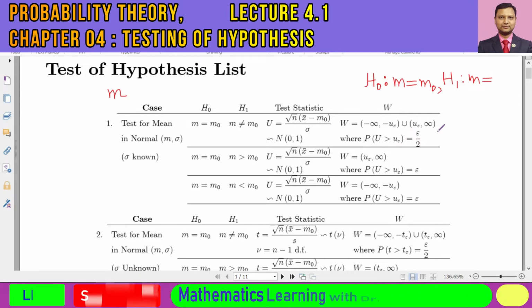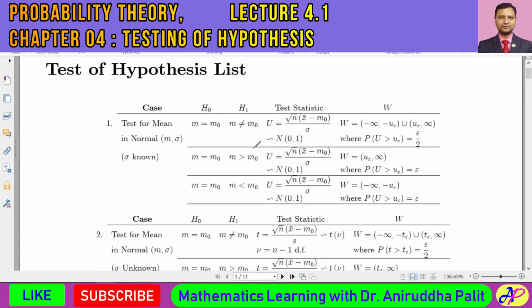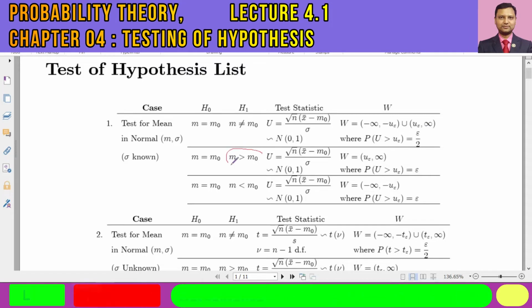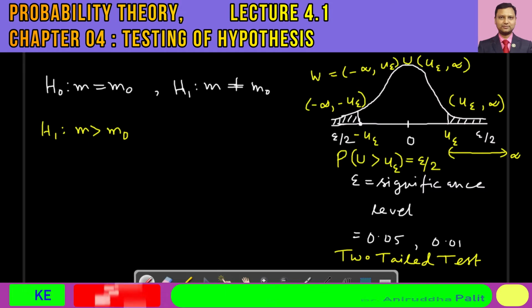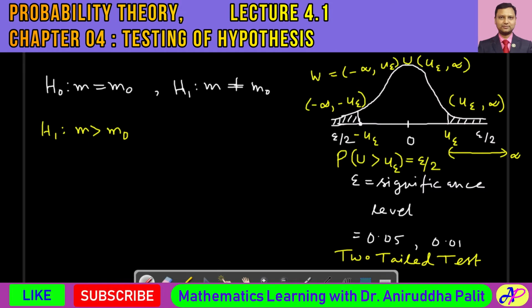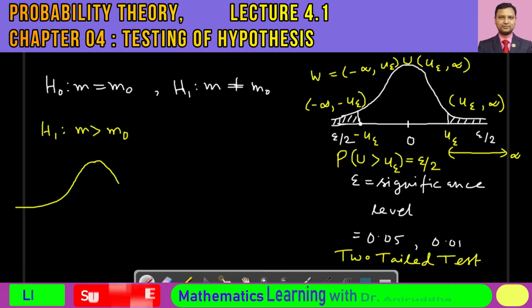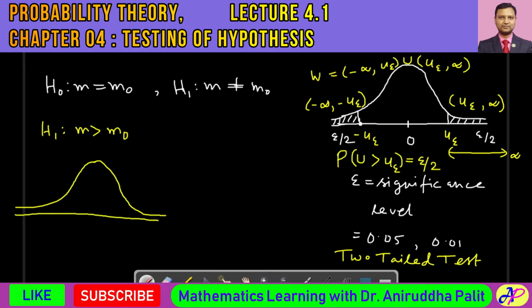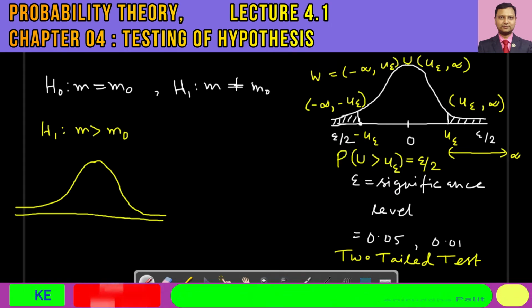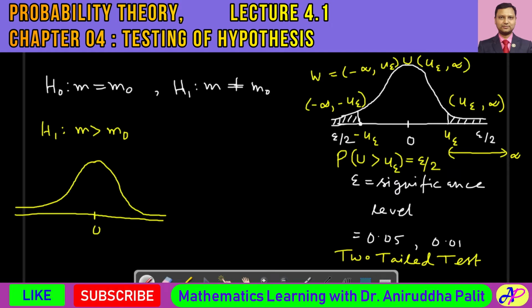Now once you consider this type of alternative hypothesis, m greater than m0, then what happens? In that case, the position of the critical region will change. Suppose this is the density curve, this is the axis, and this is the middlemost point.